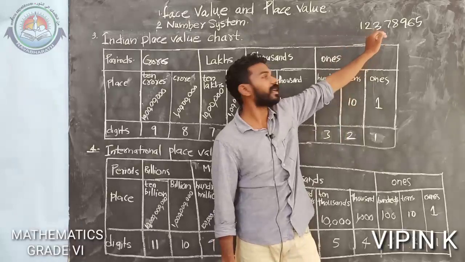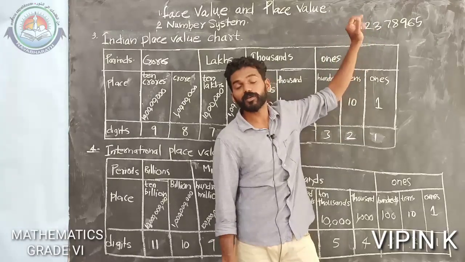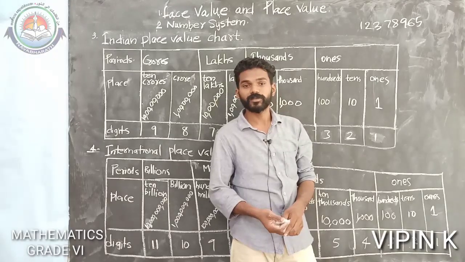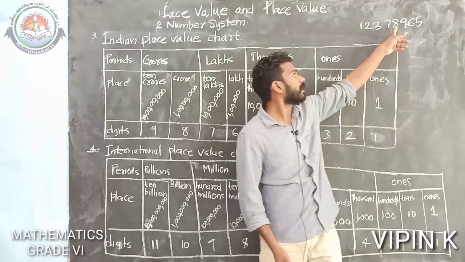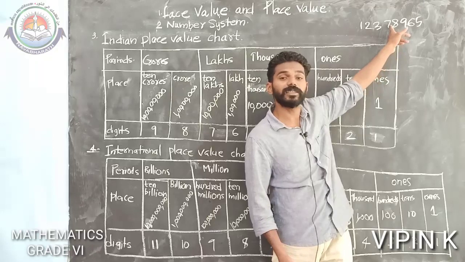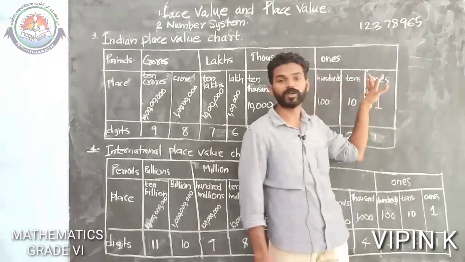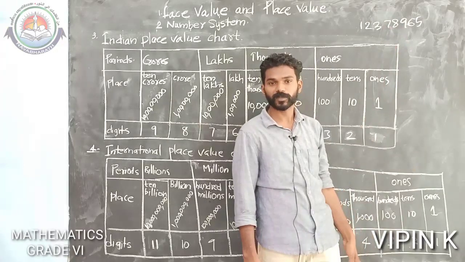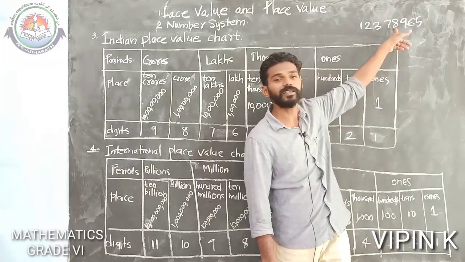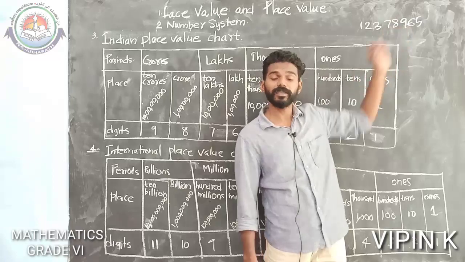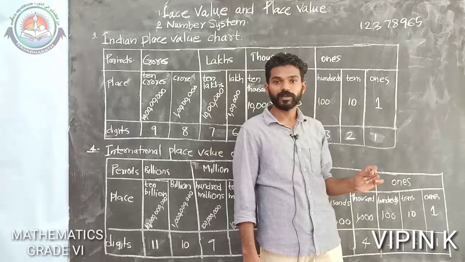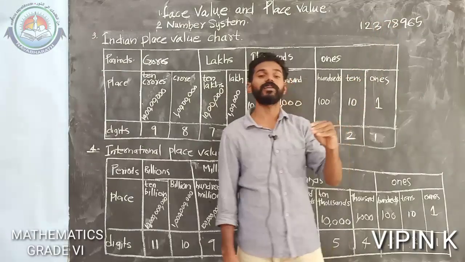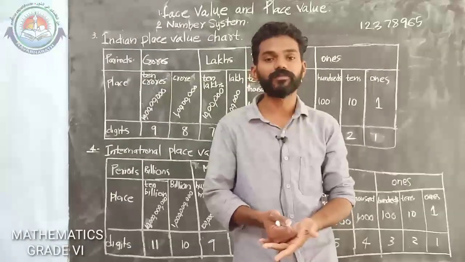So there are 8 digits in this number, or we can say that it is an 8-digit number. Now, 8 is a digit in this number, and this digit 8 has a face value. The face value of this digit 8 is the number 8 itself.